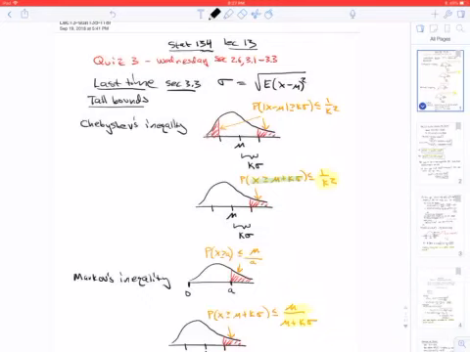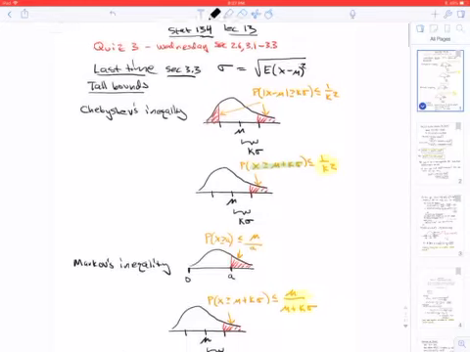Last time we started Section 3.3, where we introduced the standard deviation. Sigma is basically the average deviation from the mean, or the square root of the expectation of the deviation from the mean squared.